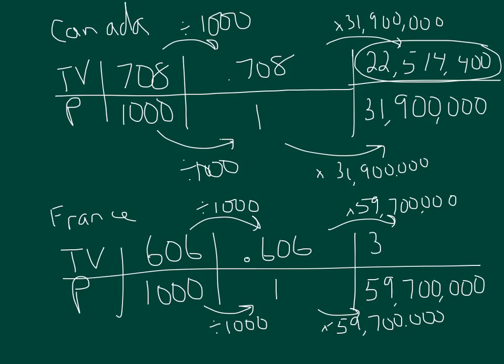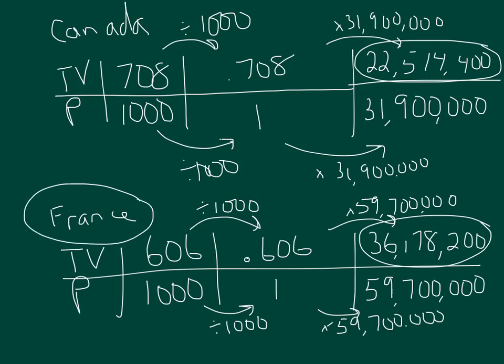And I'm going to get 36,178,200 TVs. So finally I can compare them. And I see that Canada only had a little over 22 million TVs, about 22 million and a half. But France has a little over 36 million TVs. So France clearly has more TVs. So they're the winner.